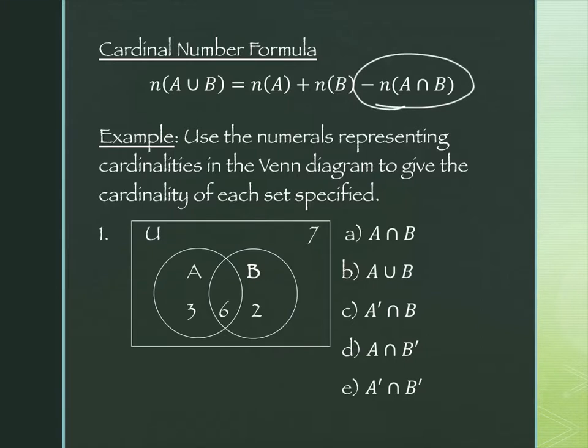Where is the intersection of A and B? It's the 6. This piece right here is the intersection, right? So when we're doing this piece over here, this says use the numerals representing cardinalities to give the cardinality of each set. So what we're actually finding is the number of items in A intersect B. That's what we're finding. And you guys just told me it was 6, and that's correct.